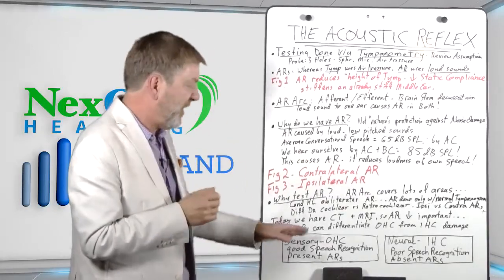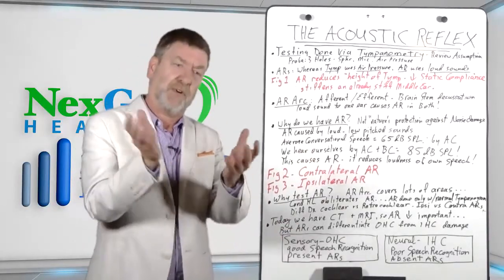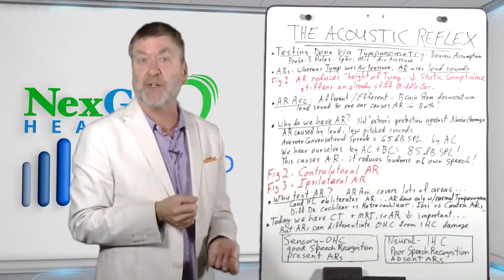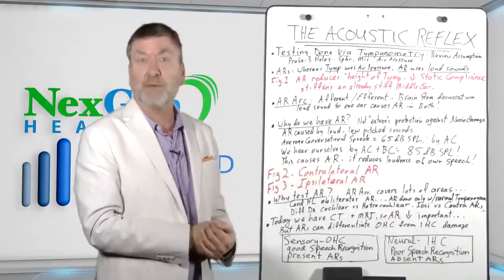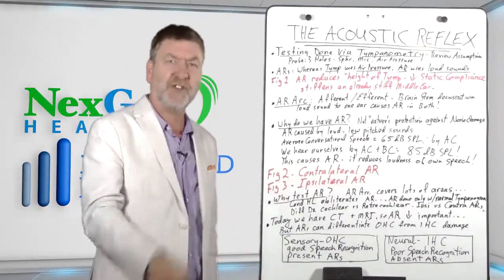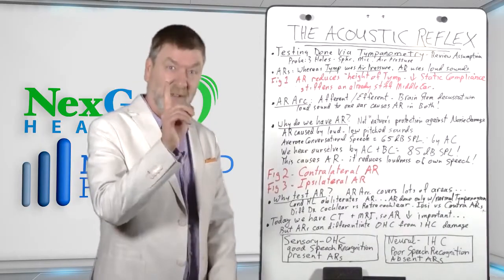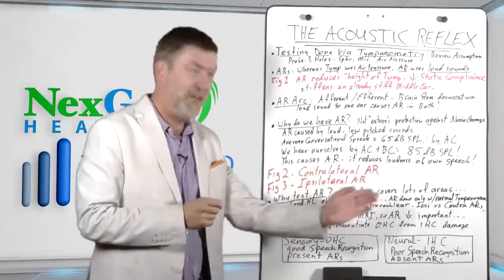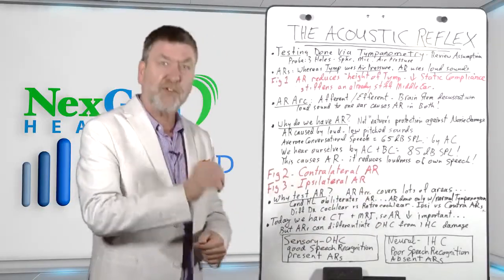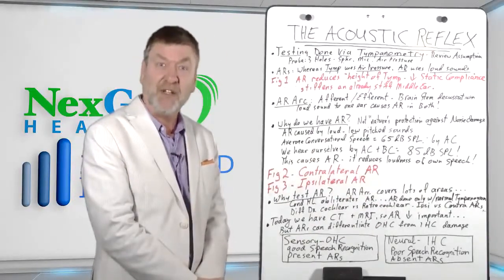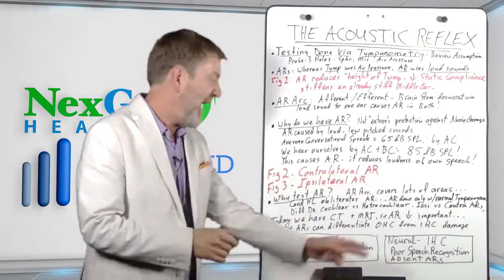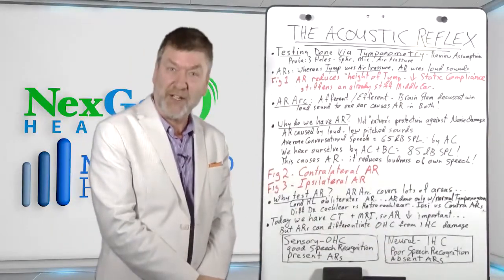Now, if you've done a hearing test and the person's got a mild to moderate sensory neural loss and pretty good speech recognition abilities, I'll bet you dollars to donuts this person will also have acoustic reflexes. The person with the same hearing loss and the poor speech recognition abilities, I'll bet you that person has absent acoustic reflexes.